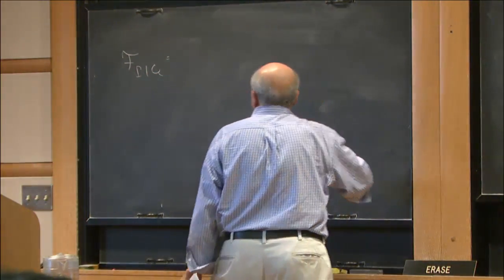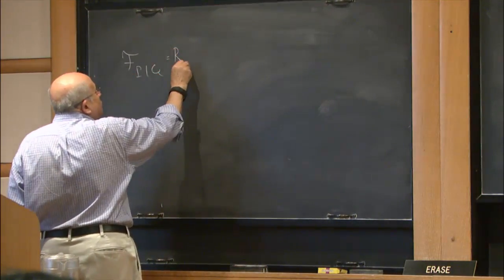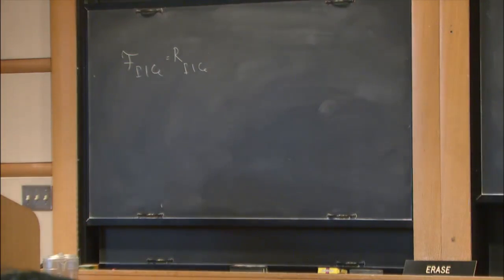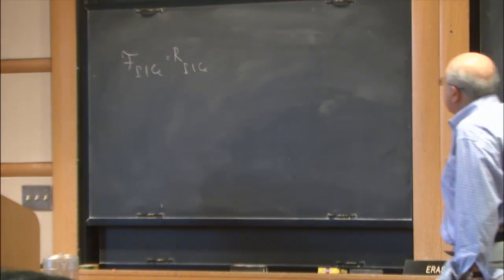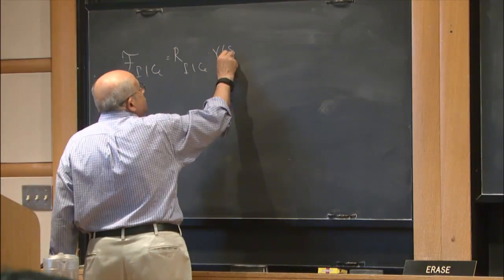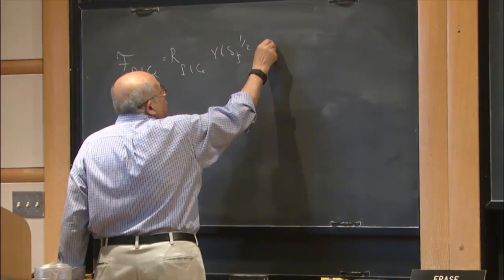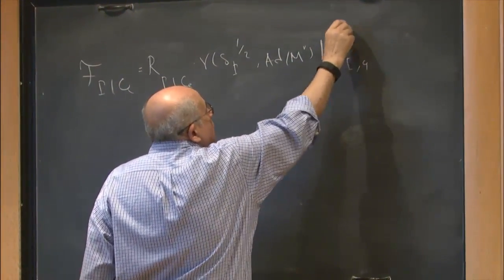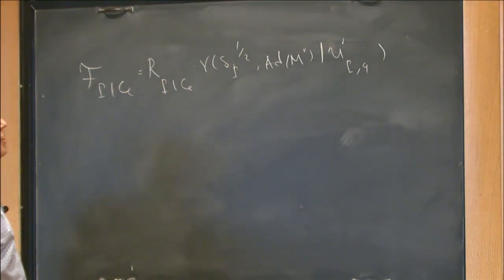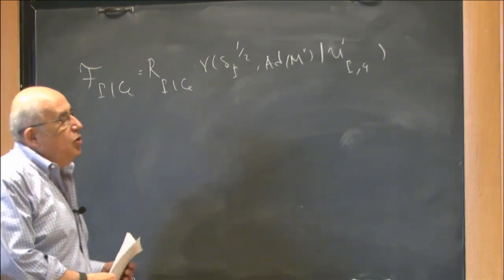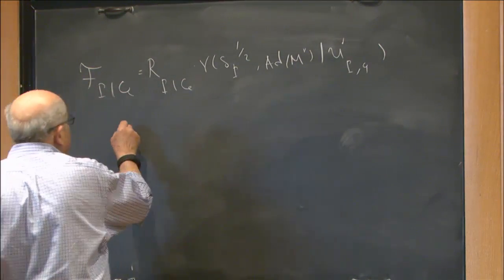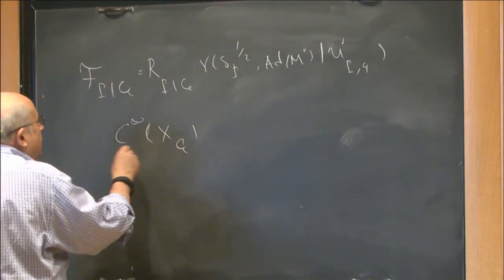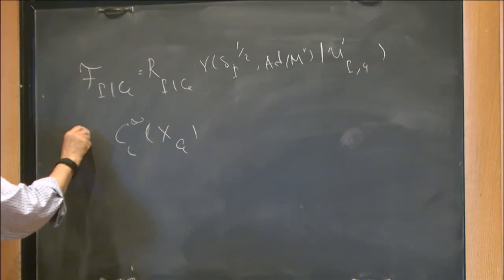You take the standard intertwining operator PQ, and you multiply it by this normalizing factor, this gamma of delta P adjoint of M check on this UPQ check, our usual normalizing factor. So this basically says that when you start with this space C_c infinity of XQ, then apply to it this operator.